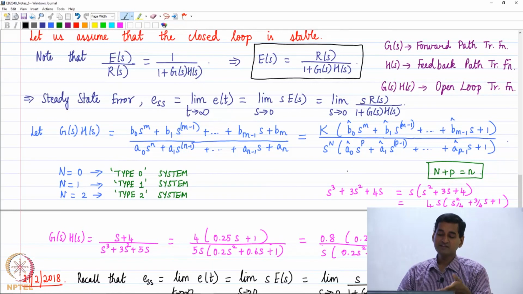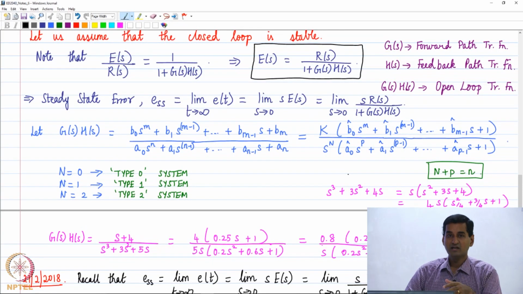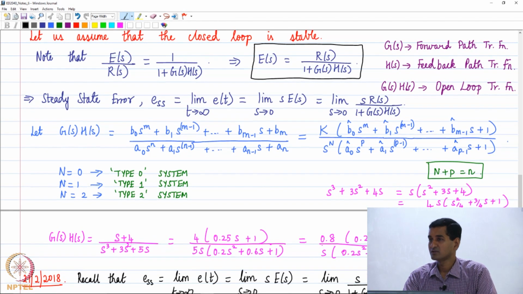And we discussed that if G of s H of s were to take this generic form as shown here, we can always rewrite it in this form, right. Some k times some numerator polynomial whose constant term is 1 divided by s power capital N times a denominator polynomial whose once again constant term is 1, right.